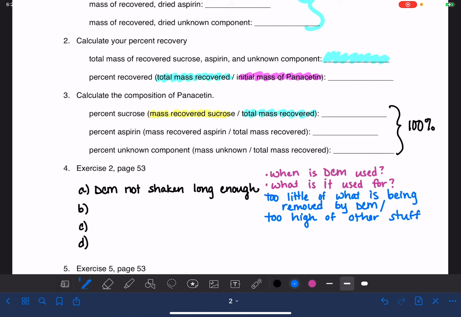Let me try to explain this clearly. If we don't shake with dichloromethane long enough, we're not going to be removing whatever substance the DCM is trying to remove. As a result, it's going to be left behind with the other stuff. This is going to cause the mass of the other stuff to be falsely high because it's going to be contaminated with that substance, whatever it might be.